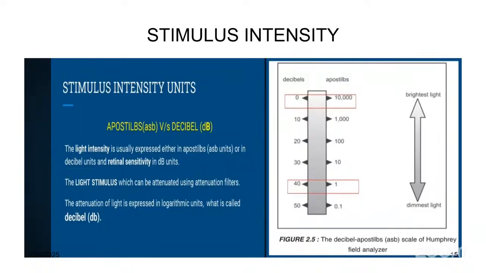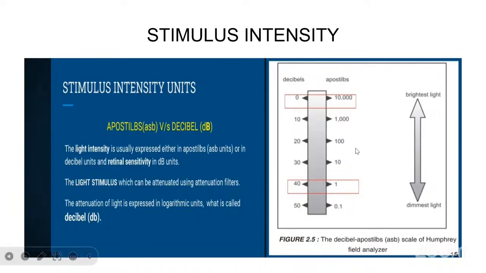You present the stimulus in varied intensity, and that is achieved by using the attenuation filters. The attenuation of light is expressed in logarithmic units, and that is referred to as the decibel.